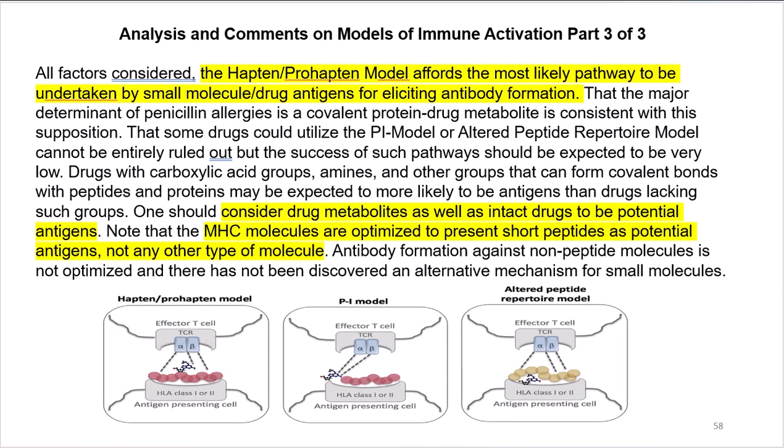So the most likely model that's going to happen most of the time is the hapten-prohapten model. And it says prohapten here because sometimes you have antigen binding, and in the endoplasmic reticulum, there's actually enzymes that will cut it up and trim it.